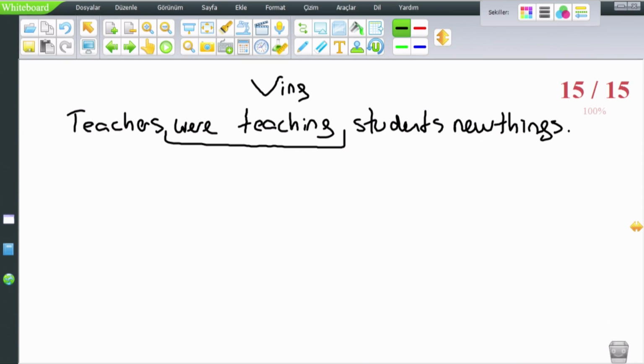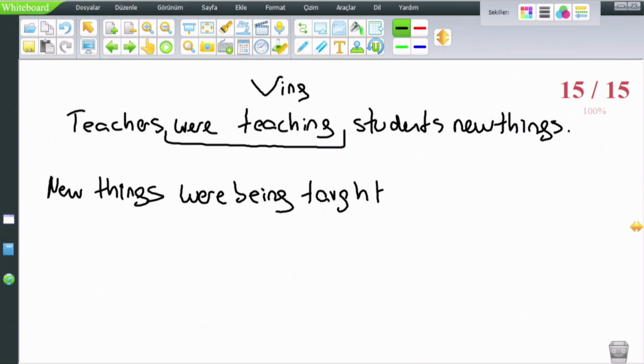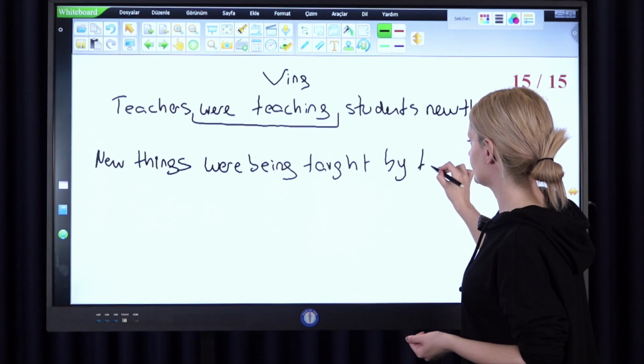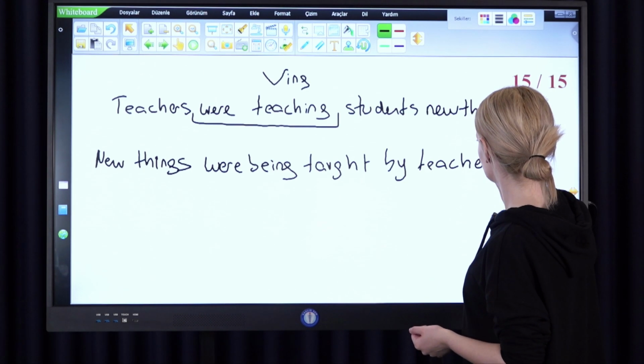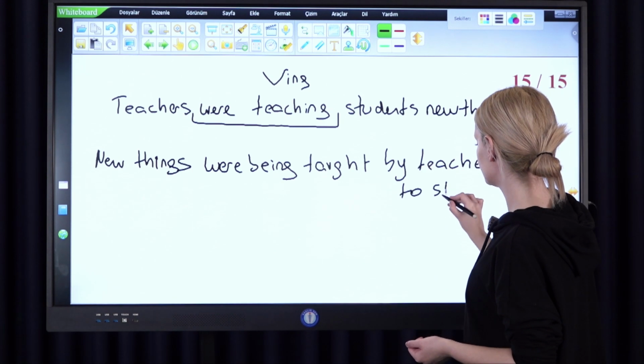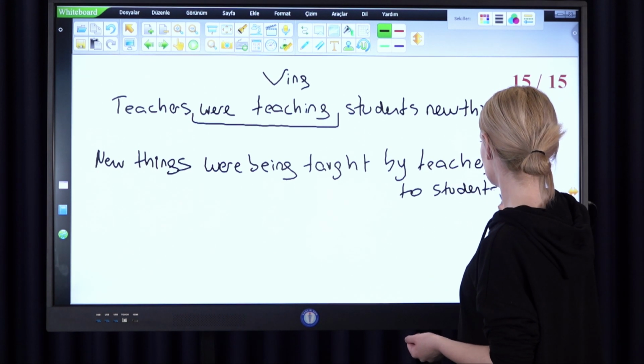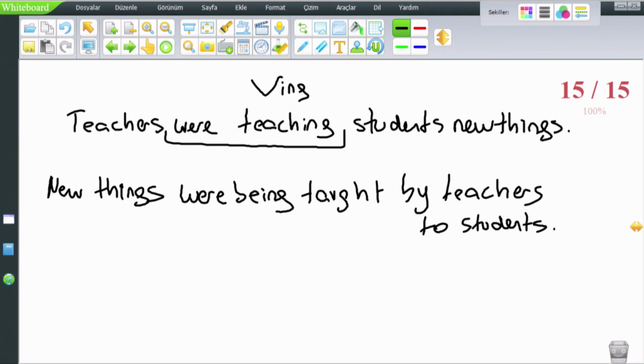So I will take our object, new things, were being taught by teachers to students. Yes, this is our last example of passive voice.